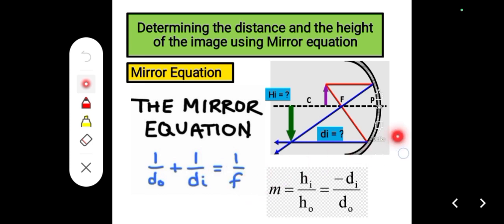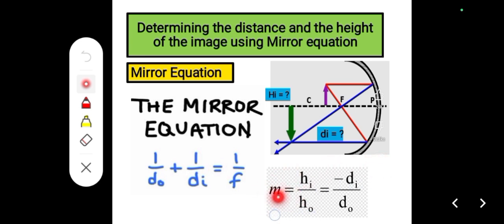Another valuable component of the mirror equation is represented by M. M refers to the magnification, or it tells you how many times the image is magnified.